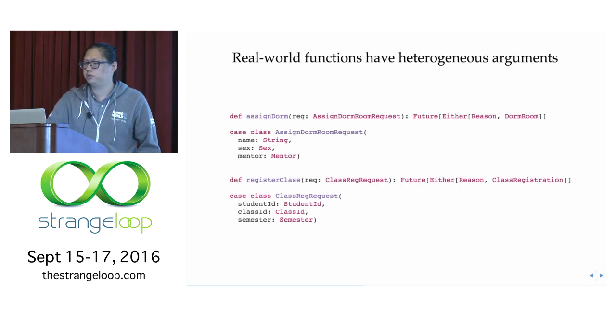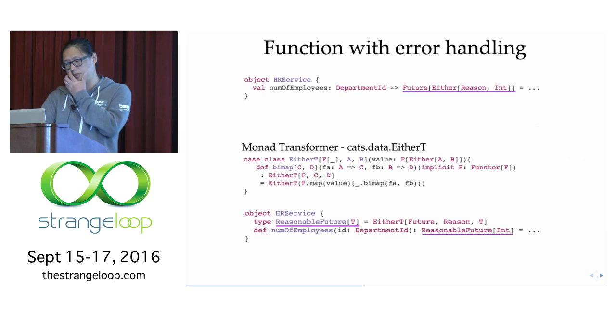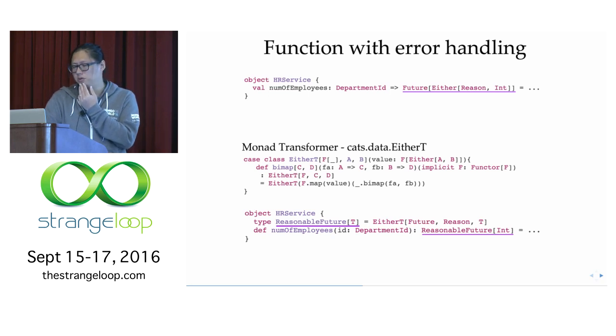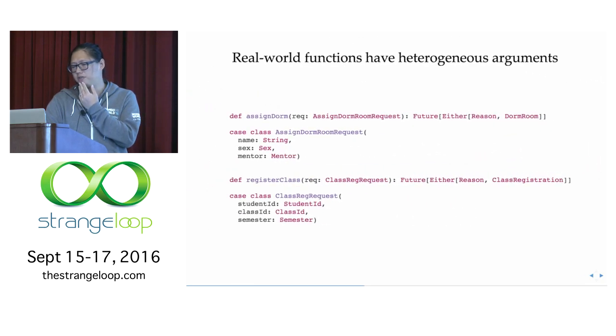Real-world functions have heterogeneous arguments. The problem with the simplified things in our previous example is that they all take a single argument, department ID, but in the real world, you have different kinds of functions.